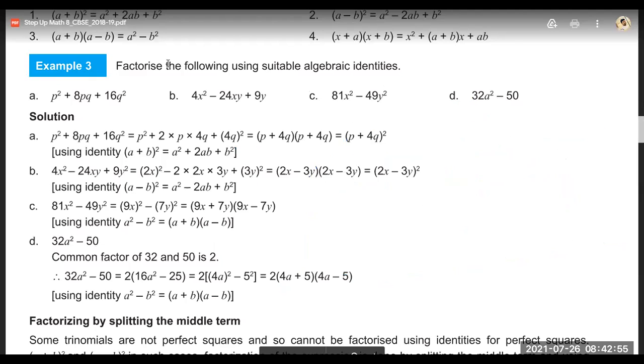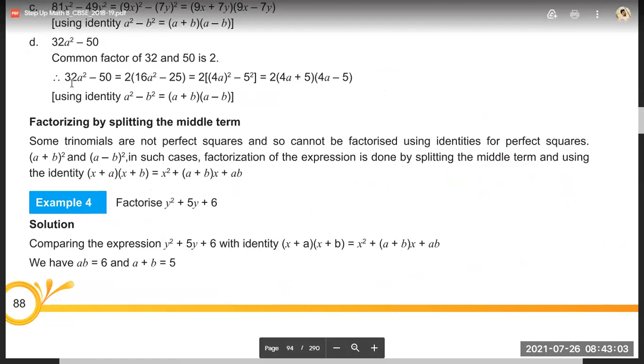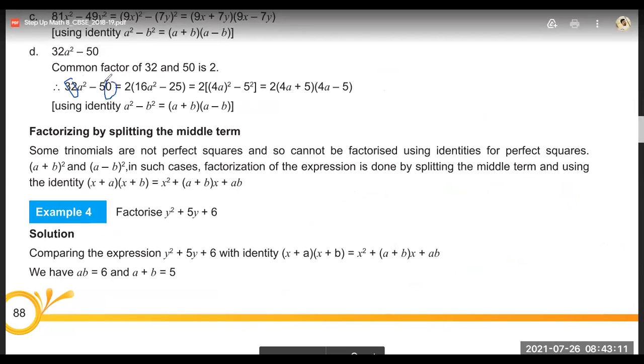Now let's look at the fourth one, that is 32a square minus 50. How is the explanation given here? 32a square minus 50 is equal to, in both there is 2 common: 2 into 16 is 32, 2 into 25 is 50. So 2 into (16a square minus 25).